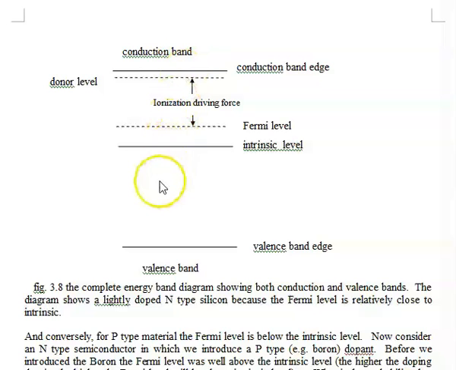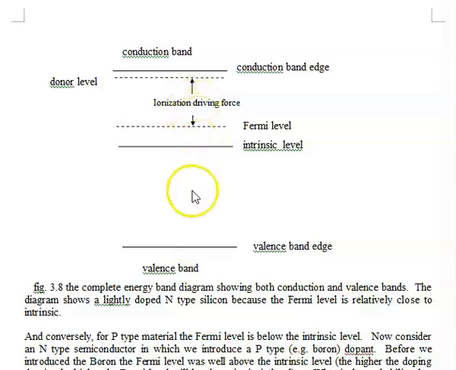Now, how about if we put in a boron atom? Well, the driving force for boron is the difference between the Fermi level and the acceptor level, way down here. That is a huge driving force. So we would have an arrow from this level to this level, almost twice as big as the driving force for phosphorus.